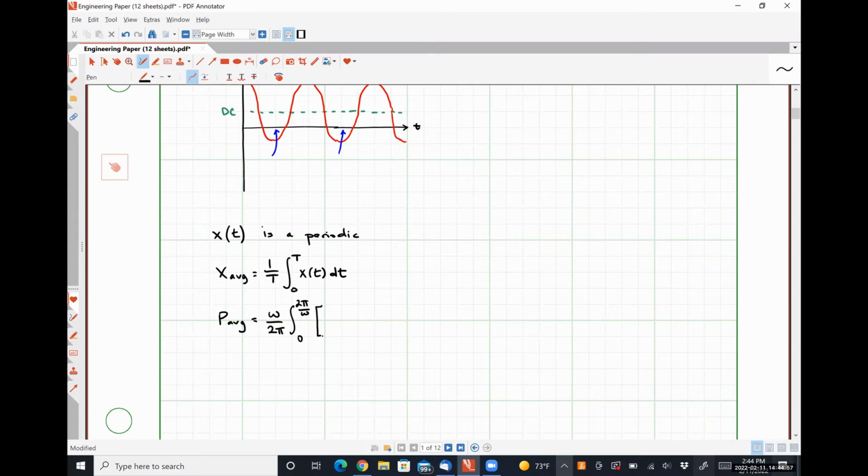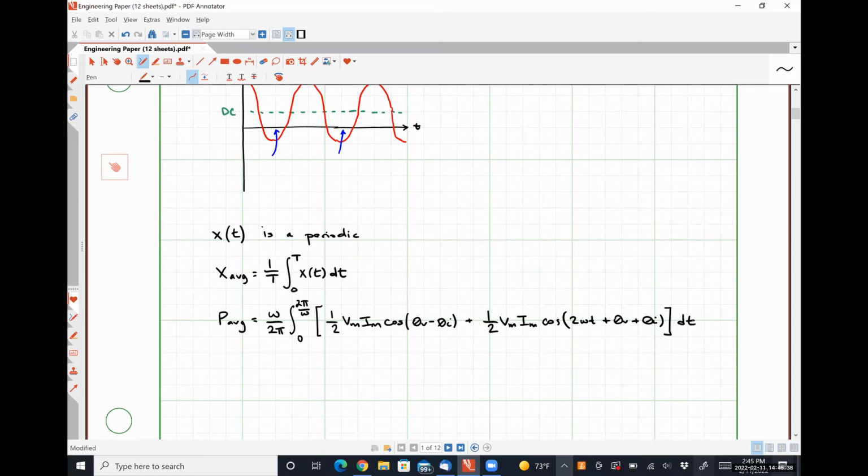And we're going to put in our instantaneous power relationship: 1/2 Vm Im cosine(theta v minus theta I) plus 1/2 Vm Im cosine(twice omega t plus theta v plus theta I) dt.